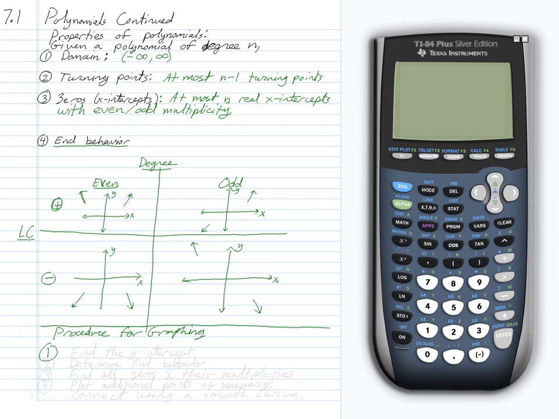First, we would probably want to find the y-intercept. Remember, finding the y-intercept is usually the easiest thing that we can do. Once we know that, we can determine the end behavior. And we can find all of the zeros and their multiplicities.